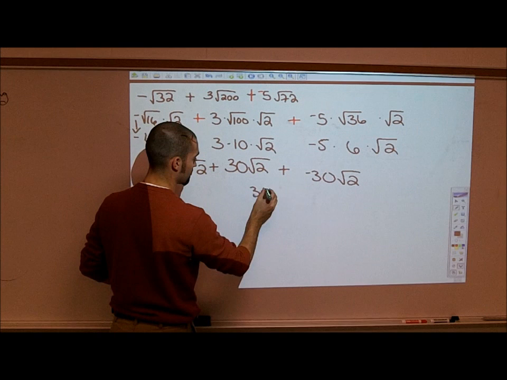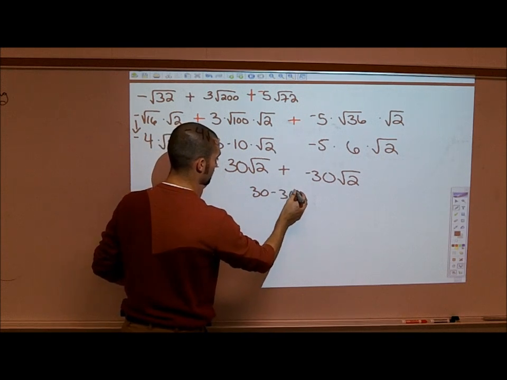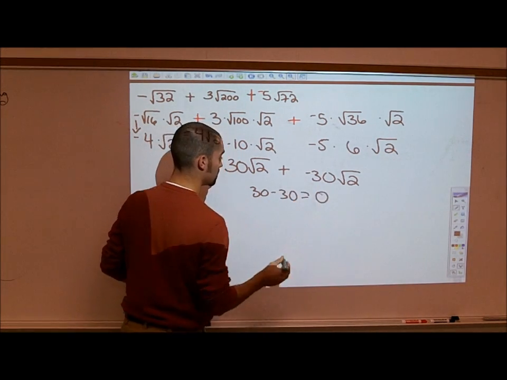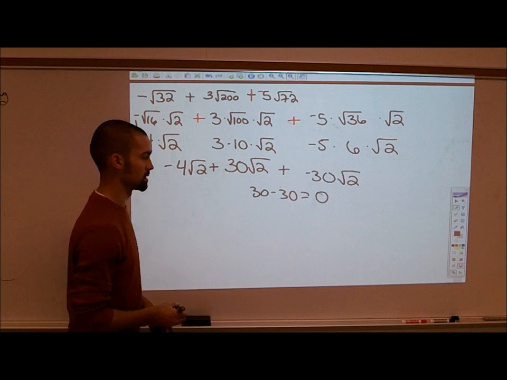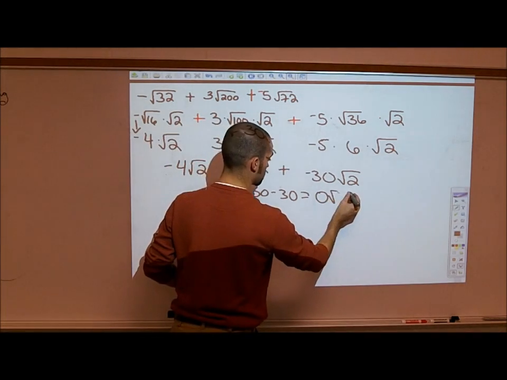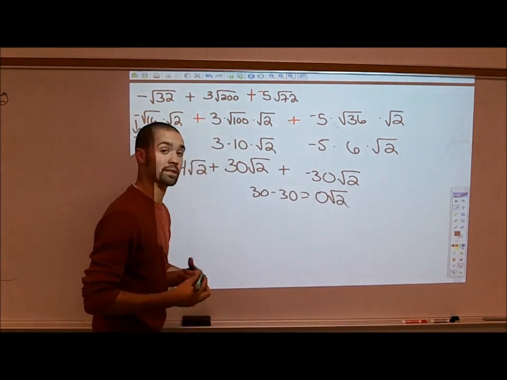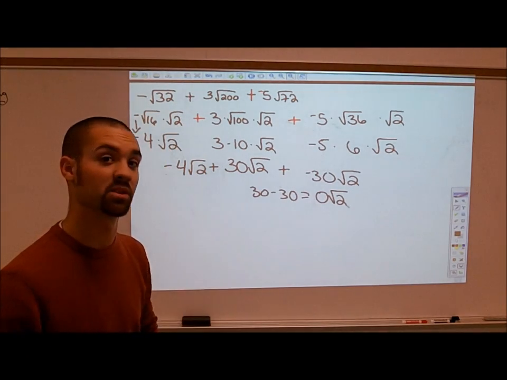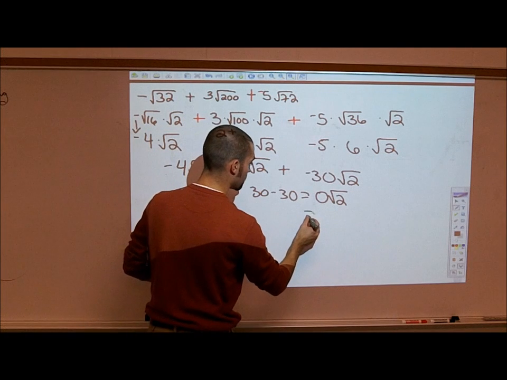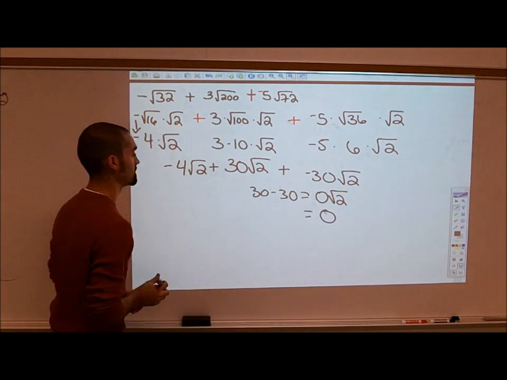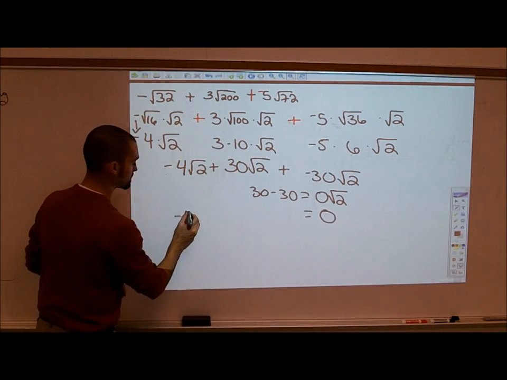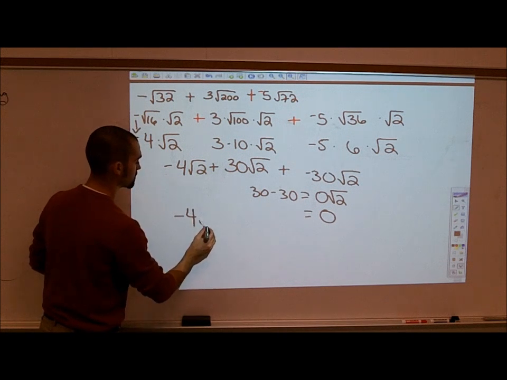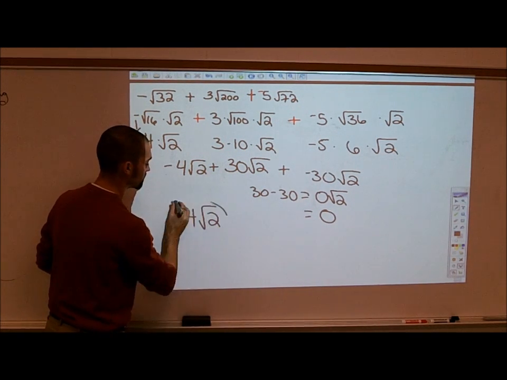Because 30 minus 30 is equal to 0. Okay? So this is really 0 times the square root of 2. And we know that the zero property of multiplication says anything times 0 is 0. So that there is equal to 0. So our final answer is -4 times the square root of 2.